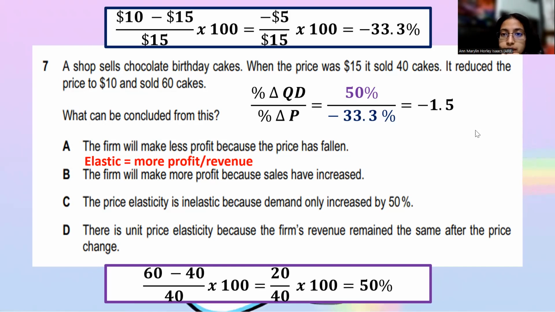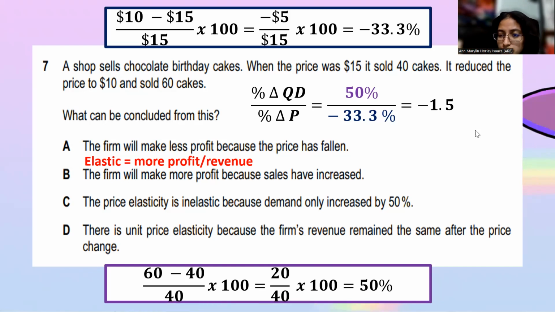Please maintain the signage when you are answering these questions because it's very, very important. I'll come to that in a bit. Now, I plug in the values according to what I'm seeing in my calculations and follow the formula. The formula is percentage change in quantity demanded. By how much did it change? 50%. Over percentage change in price, it changed by negative 33.3%. I divide that. No need to multiply 100 again.